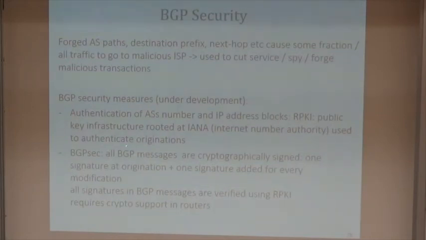So there are some elements of this that are already in place. There is what is called public key infrastructure for routing, the routing public key infrastructure, which can be used to authenticate the prefixes. With this system, a BGP message is signed, and then you can verify with the public keys that are available through this database.